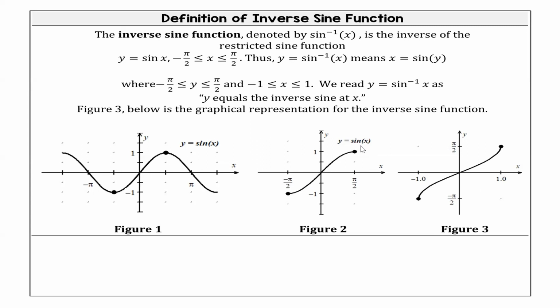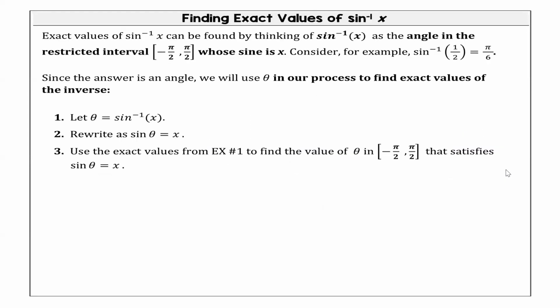So that's why those restrictions are applied, and that's our final output of the graph. Everything can have an inverse function as long as there are restrictions.